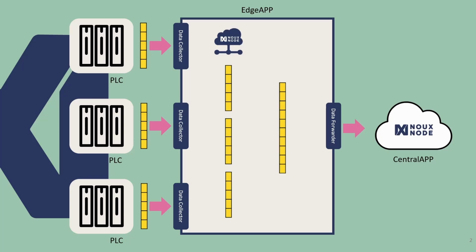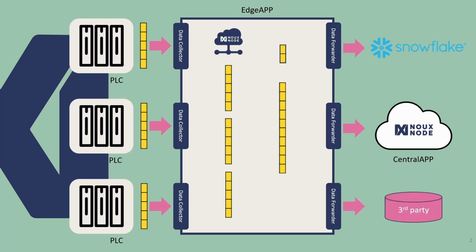But if we have other destinations, for example Snowflake, we can first of all have multiple destinations, and then we can filter the data. We can send only the relevant data to the relevant destinations, have multiple data forwarders, and of course have filtering for those.